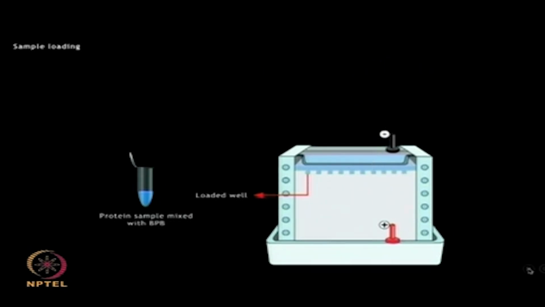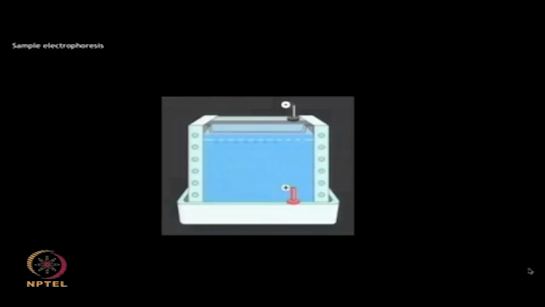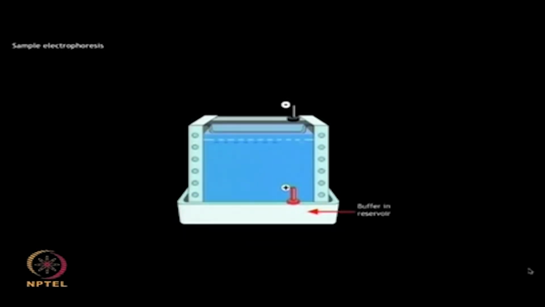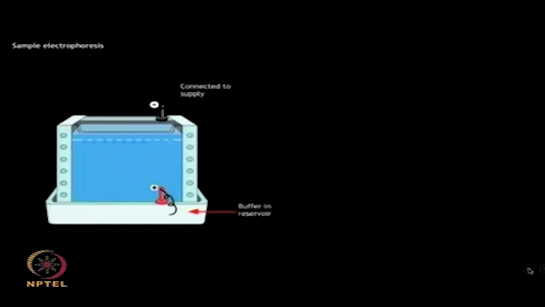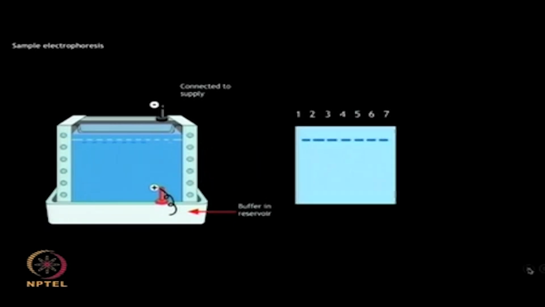Once all the samples are loaded, then this unit can be placed into the electrophoretic unit, and a direct current supply of around 100 to 350 volt can be passed depending upon the size of the gel for a time sufficient to separate the protein mixture into discrete bands based on their charge to mass ratio.